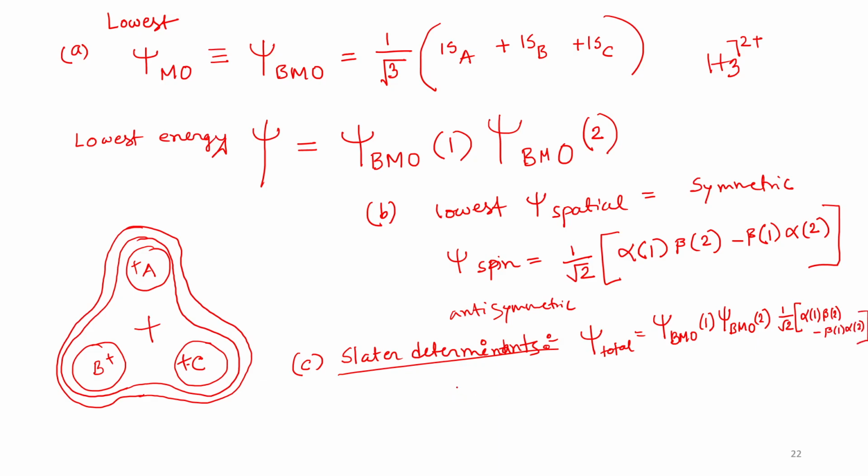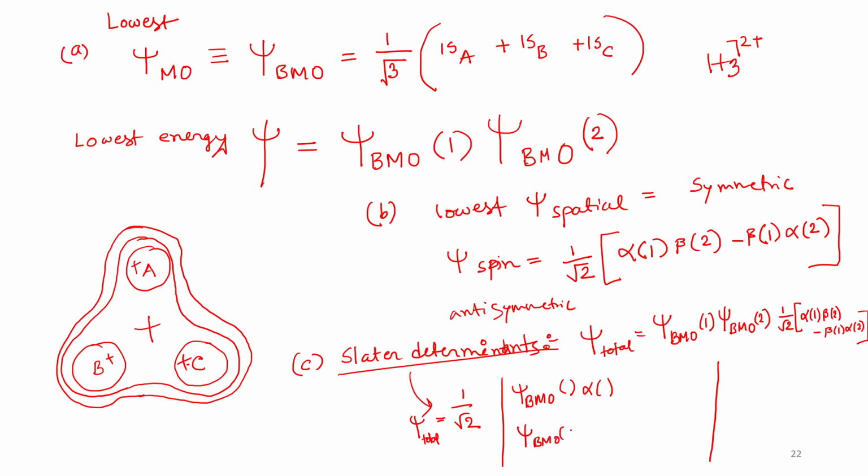So if you want to write it in a Slater determinant, it would look like psi total is psi BMO, and I will keep alpha at the first spin orbital.